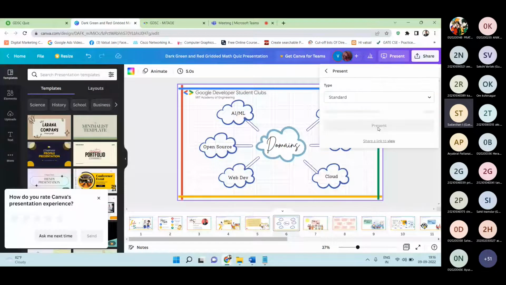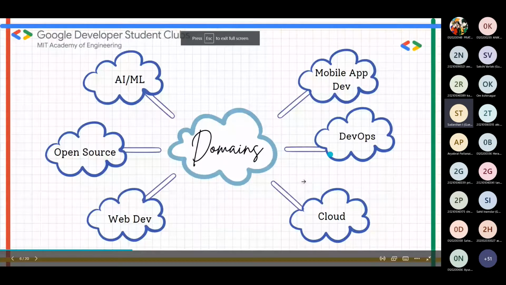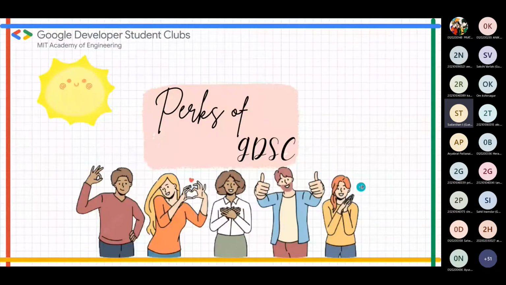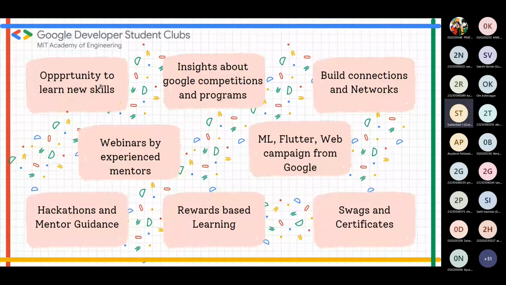So yeah, this is all about domains. Now I will tell you what is the benefit of GDSC if you become a member and join GDSC. First is the opportunity to learn new skills. If you join us, we are planning to take some boot camps on technologies like cloud, DevOps, Python, and also Web3.